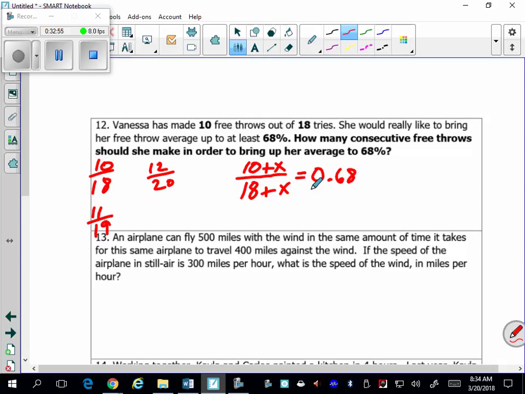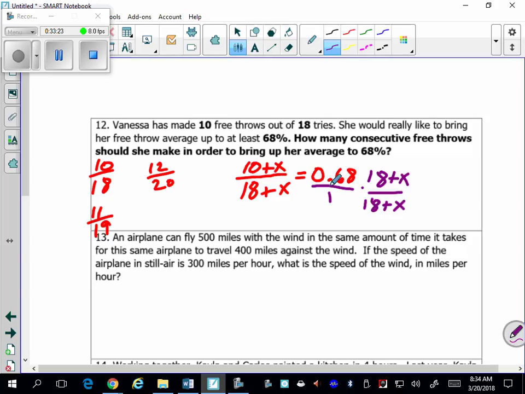So looking at getting common denominators, that's over 1. Easiest common denominator is 18 plus x. Always multiply the numerator by the same thing as the denominator. So in this case, we have 10 plus x equals 0.68 times 18 plus x.